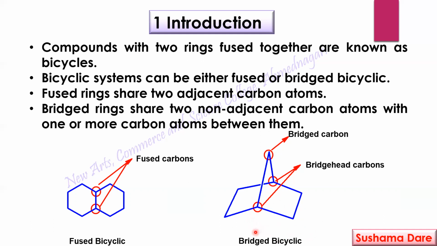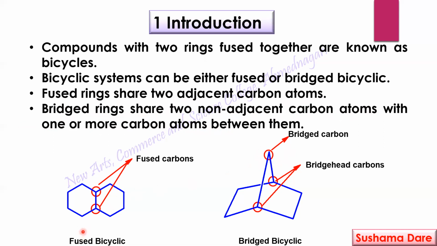That type of system is called a bridged system. So fused rings share two adjacent carbon atoms, while bridged rings share two non-adjacent carbon atoms with one or more carbon atoms between them. Here you may have one or two or more carbon atoms between them.